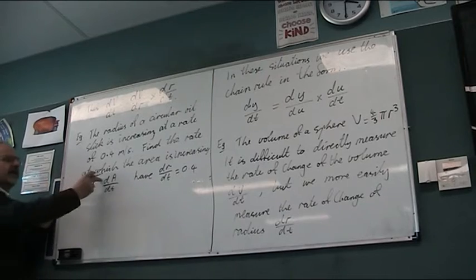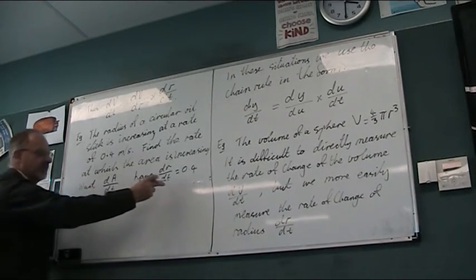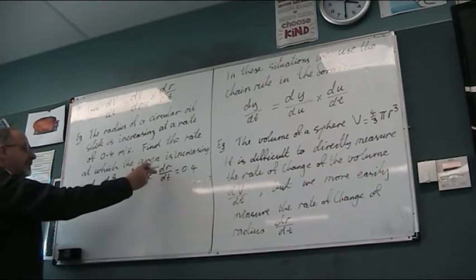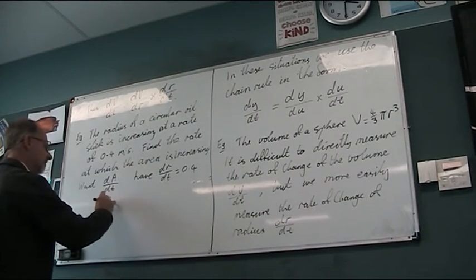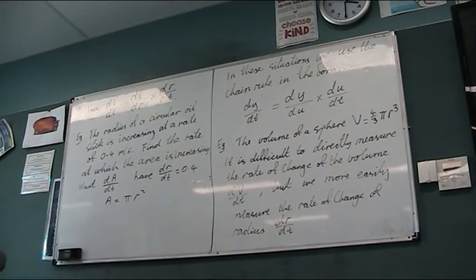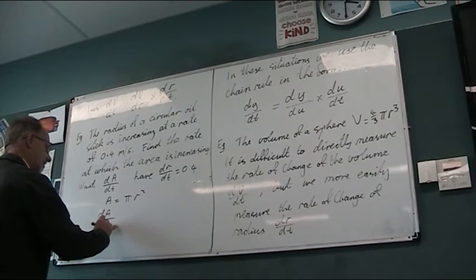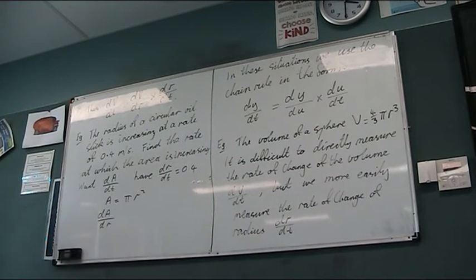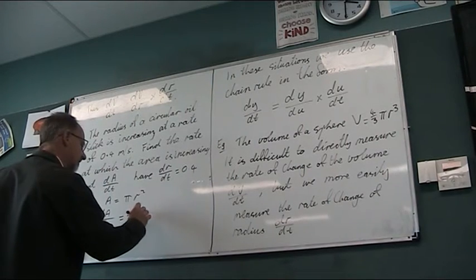So to find how the area is changing with time, we use how the radius changes, because we know that the area is pi r squared. So we can find the derivative of the area with respect to the radius quite easily, which is 2 pi r, isn't it?